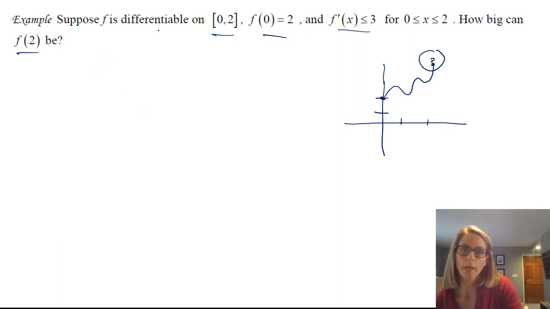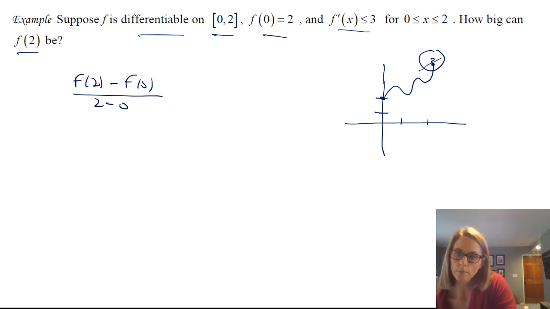What we know is that because it's differentiable, the function is continuous, so the MVT is valid here. It tells us that if we think about the secant line, f of 2 minus f of 0 over 2 minus 0, I'm just thinking about the secant line from here to here.